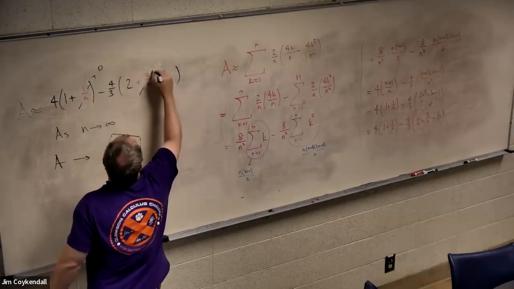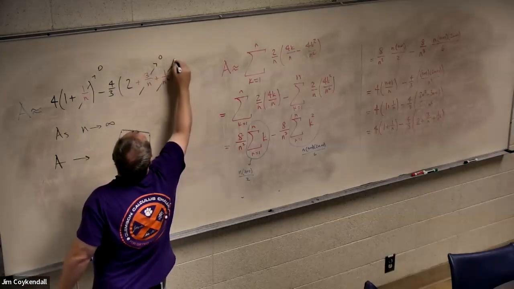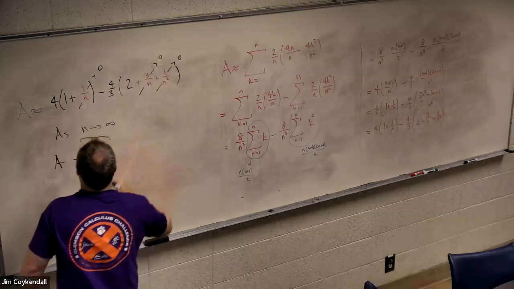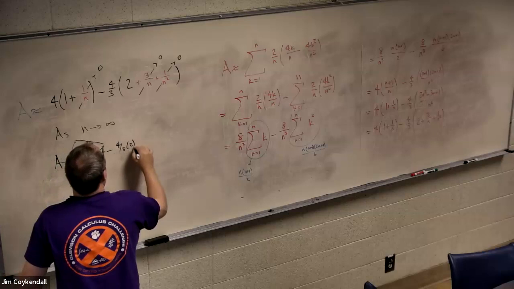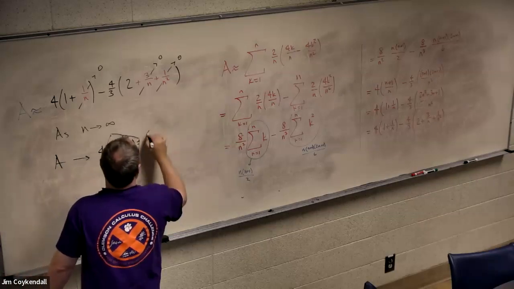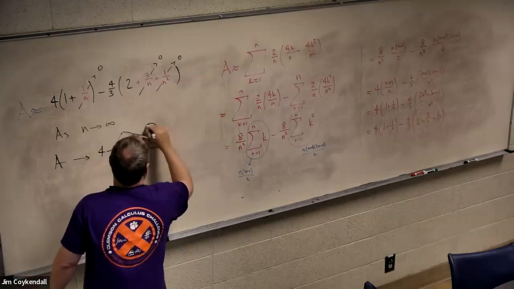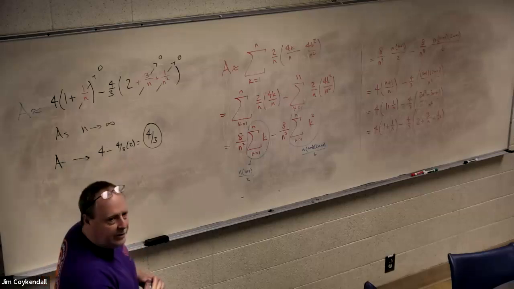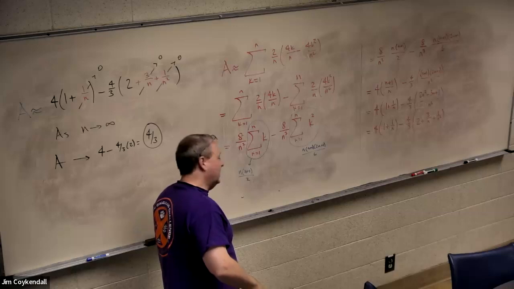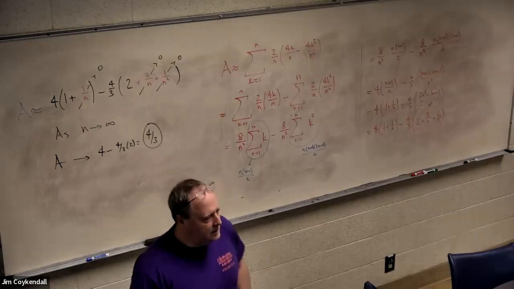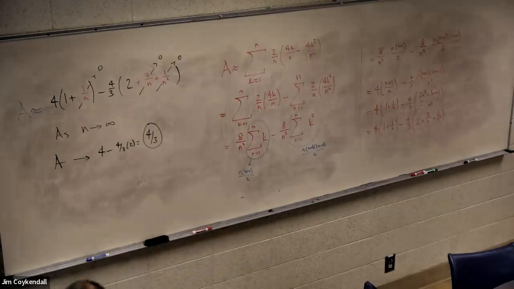It goes to 0. What happens to these other terms? They go to 0. So I get 4 minus 4 thirds times 2. That's 12 thirds minus 8 thirds, which is 4 thirds. So in a certain sense, the exact area under that curve, that parabola, is exactly 4 thirds.